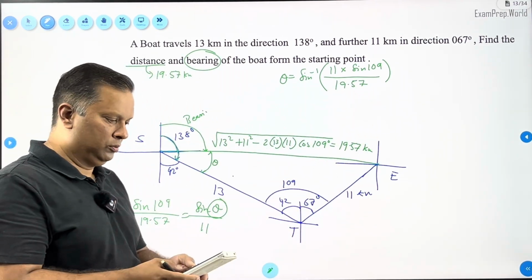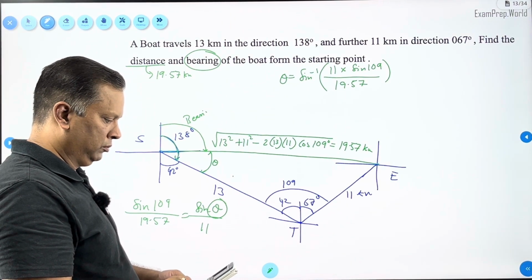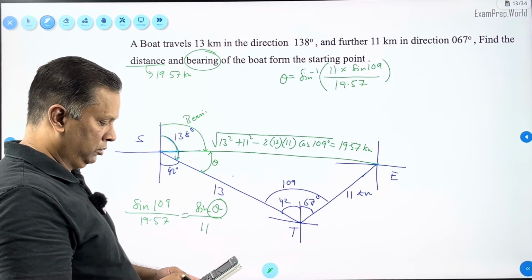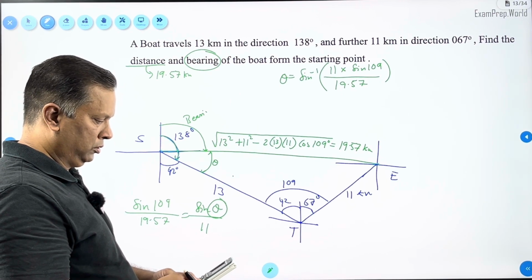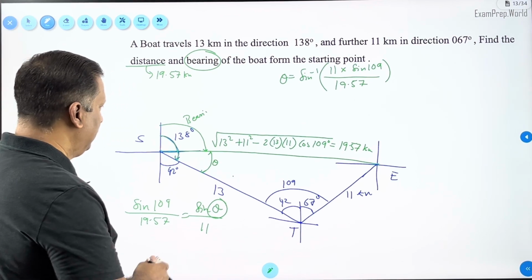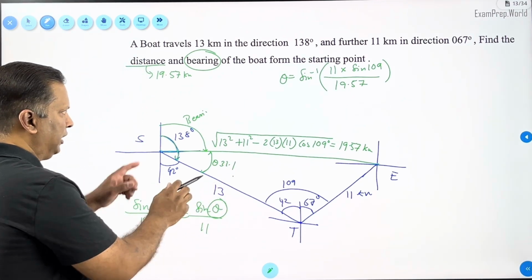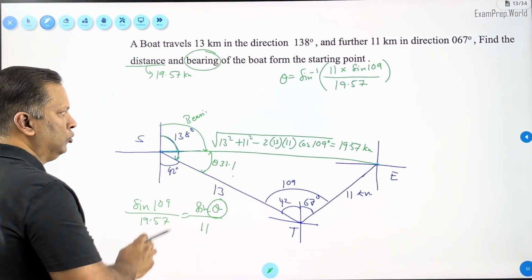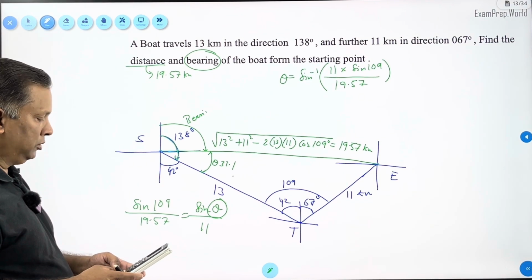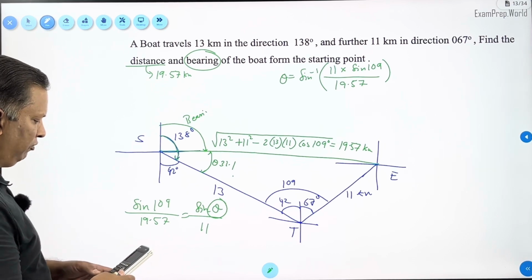Okay, let's do it. Sine inverse of that gives 32.1. So this is 32.1. Now if I subtract 138 minus 32.1, I'll get the bearing, 105.9 degrees.